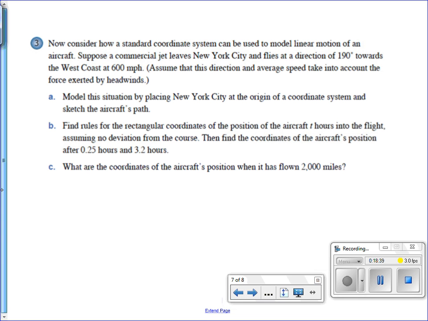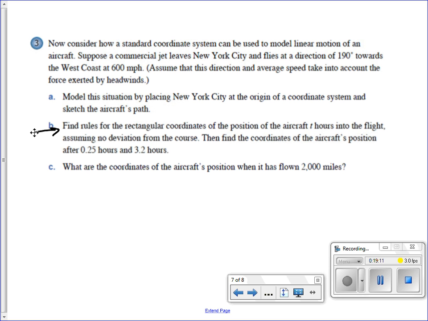Then we will find rules for the rectangular coordinates of the position of the aircraft t hours into the flight, assuming no deviation from the course. Then find the coordinates of the aircraft's position after a quarter hour and 3.2 hours. What are the coordinates of the aircraft's position when it has flown 2,000 miles? So we'll also take a look at that.